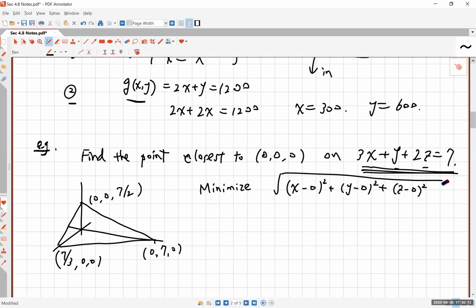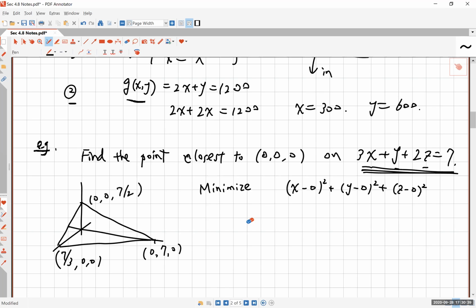And so we always use this method. If you're trying to minimize distance, then you can minimize the square of the distance. Okay, it should make sense, right? Because trying to minimize the distance squared is going to give the same result, because the square root function is what we call a monotonic function. If the square root of a number is bigger, then the number itself is also bigger.